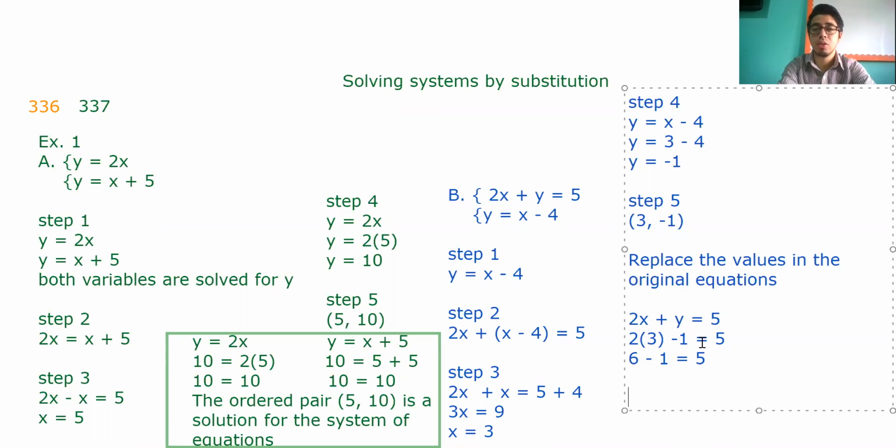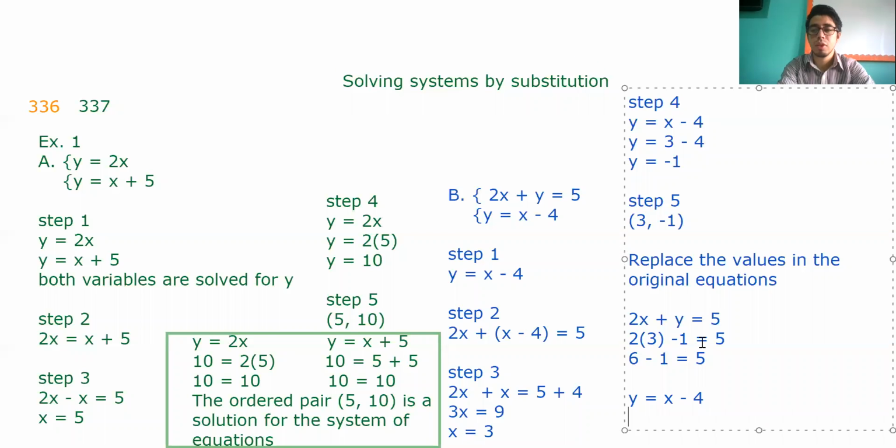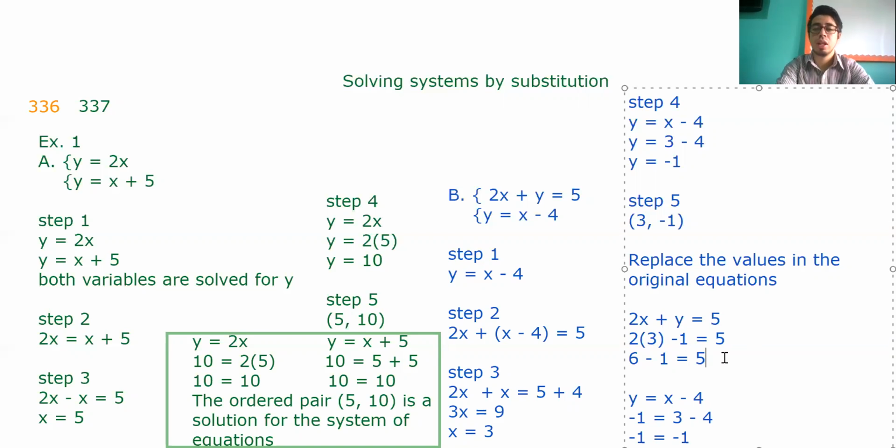Now for the second equation, we have that y is equal x minus 4. The value for x is 3 minus 4. You obtain -1 in here. -1 is equal 3 minus 4, so you have that -1 equal -1. And in here you can say that 5 equal 5.